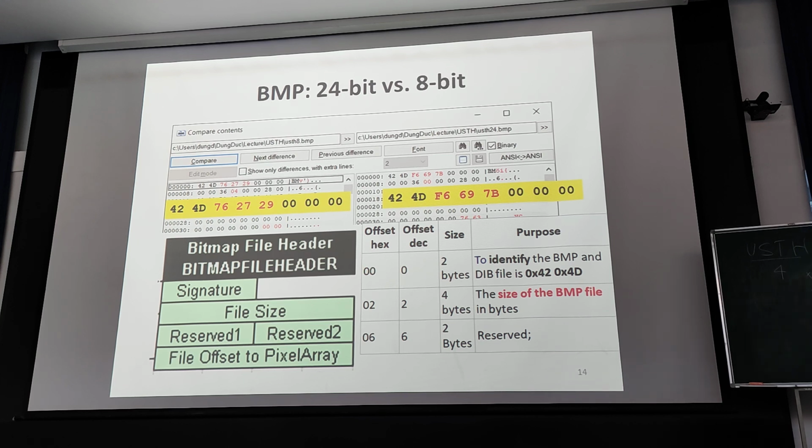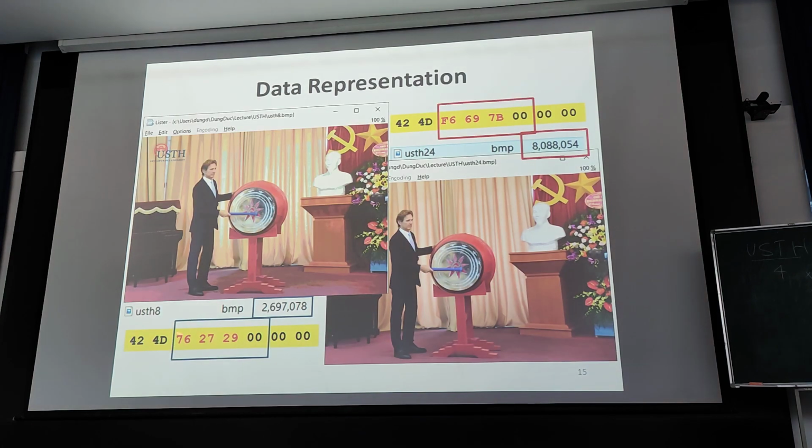And we know that the size of the file here is those numbers. Those numbers are stored in 4 bytes. We know that we see the content of the files in the hexadecimal numbering system.